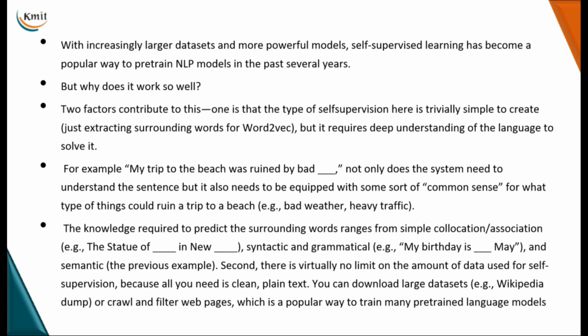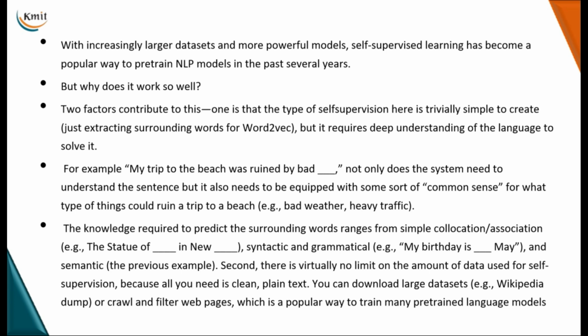For example, let us take this sentence: my trip to the beach was ruined by bad dash. Not only does the system need to understand the sentence, but it also needs to be equipped with some sort of common sense to fill in that particular word. Bad weather may be the option, bad traffic, bad food, bad environment, bad people, all these words are correct and fit into the sentence.